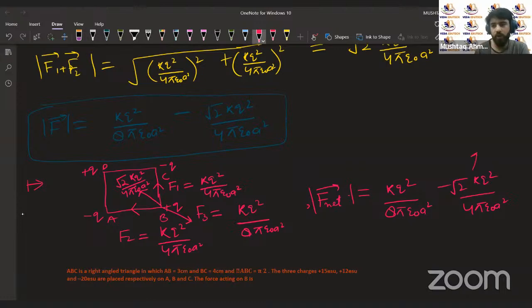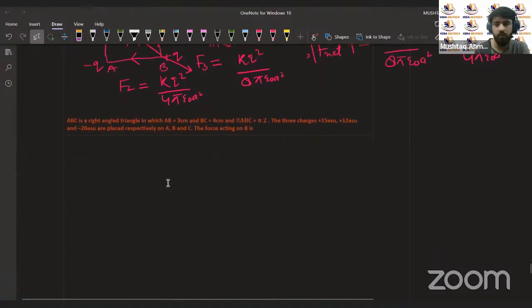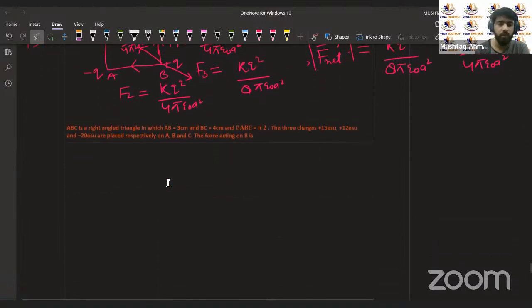This force will be the dominating force here. So that's how we use the superposition principle to calculate the force on a single charge because of the presence of other charges.